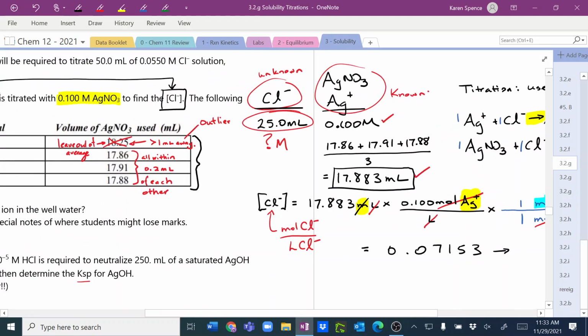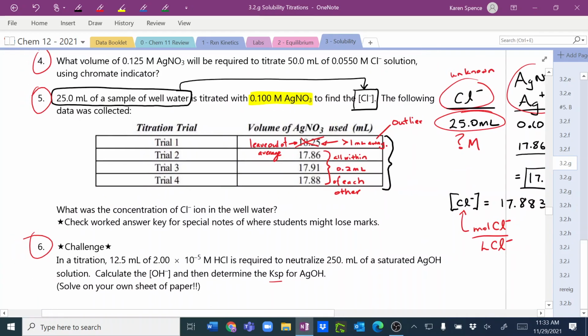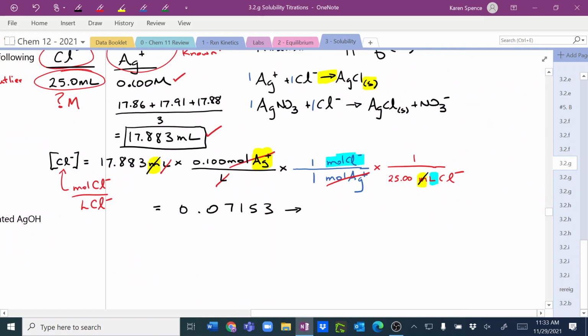And let's see what our volumes were. Oh, three sig figs. 0.0715 molar Cl minus.